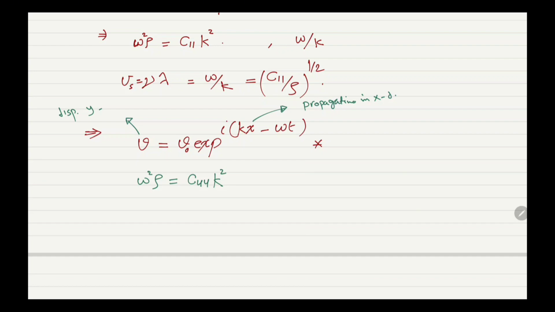So omega square rho equal to C44 k square, and in this case Vs, the velocity or the speed, equal to C44 divided by rho all to the power half. And again, this is a transverse wave, it's not longitudinal, because the displacement is in one direction and the propagation of the wave is in another direction perpendicular to the displacement direction.